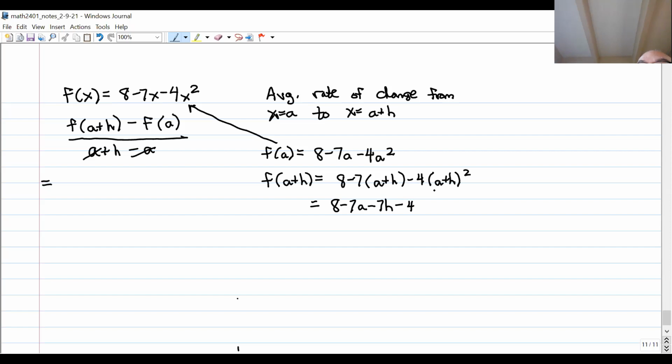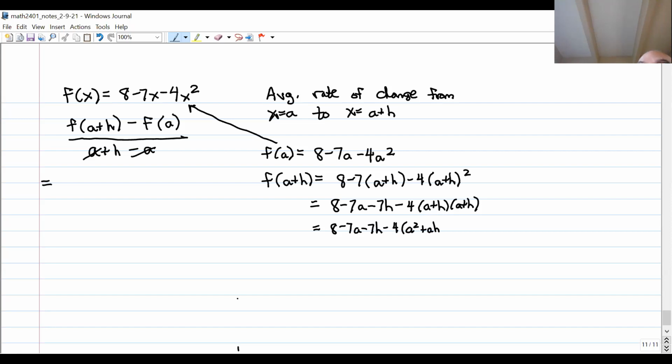So look, make sure when you square a+h, remember that means a+h times itself. So this is not a squared plus h squared. It's not that simple. So you have to actually write out (a+h) times (a+h) before you multiply in the 4. So leave the 4 alone for a minute and multiply the (a+h) times itself first. So that would be a times a is a squared. a times h is, well, that's a times h, right?